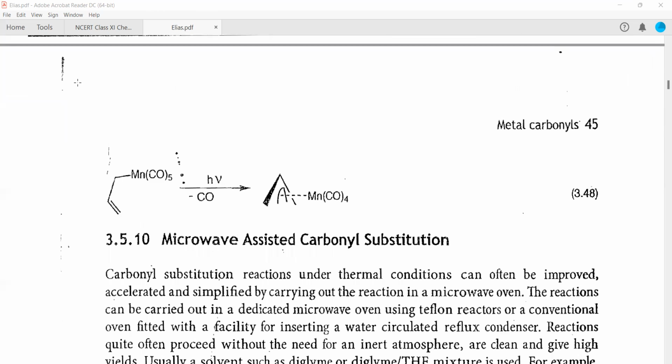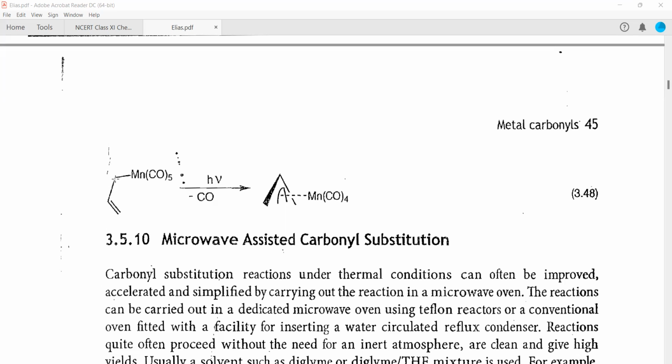So for example, here you are shining light on this complex. What will happen? One carbonyl will go out, but you don't have any external ligand. So in order to get back to its 18 electron species, if you have ligands on the metal center which can bind in a fashion that increases or decreases their capacity, like the Cp ligand or this allyl ligand, it can do so.